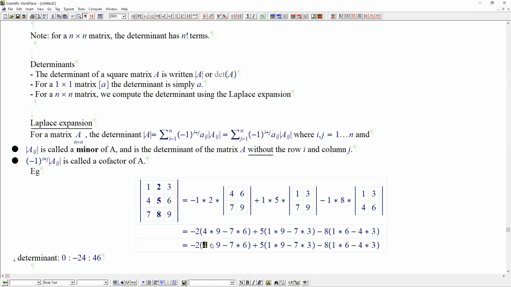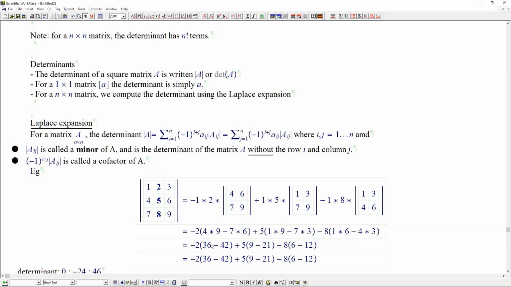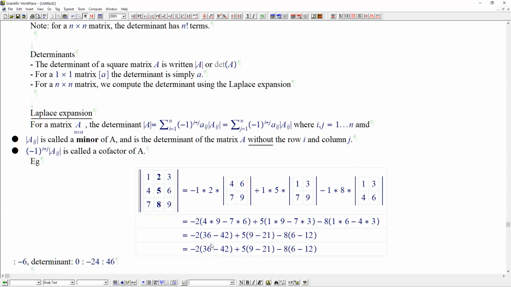Okay, let's do it by hand. 36 minus 42, that's minus 6, so 12. 9 minus 21, that's minus 12, so minus 60.